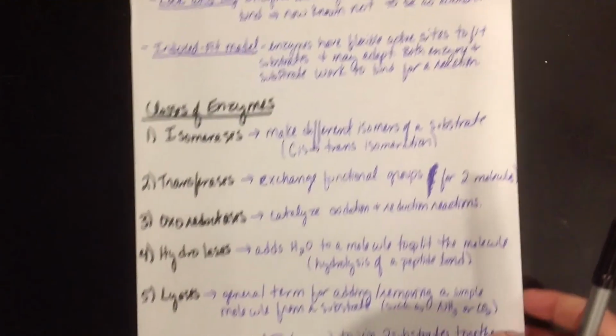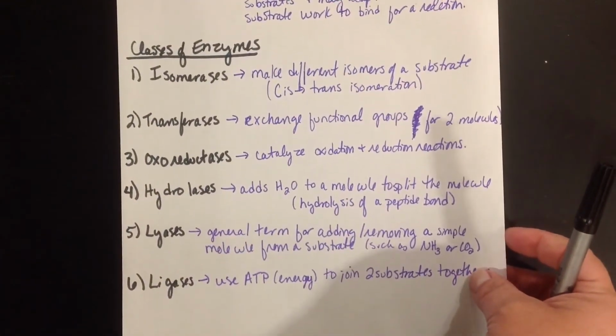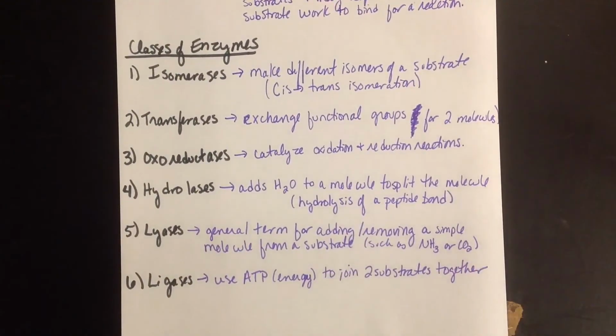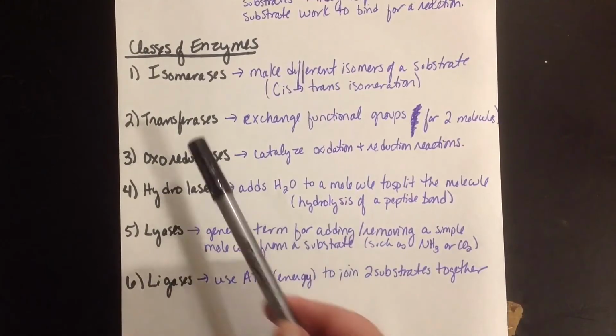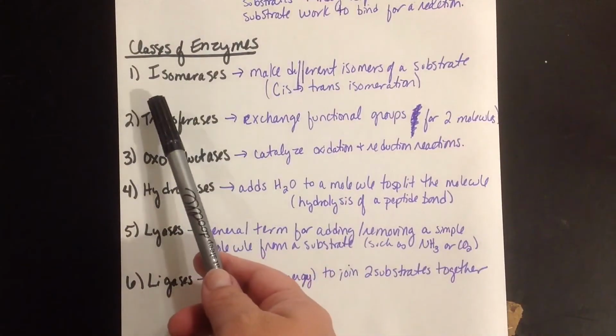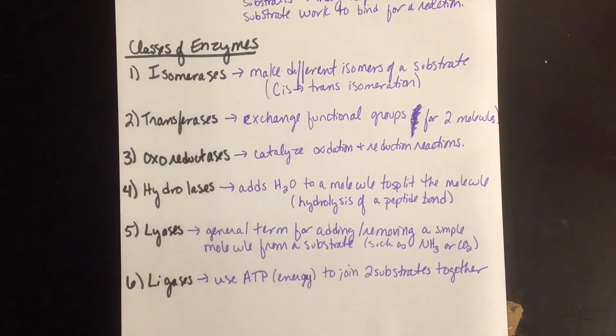Okay, there are some major classes of enzymes, six of which I hope that you can know. The first is isomerases. Now remember, isomers are things like cis-trans isomers, things that might be bonded differently and yet have the same number of carbons and hydrogens and nitrogens and whatever it may be. So these can enzymatically change something from a cis to a trans, for example.